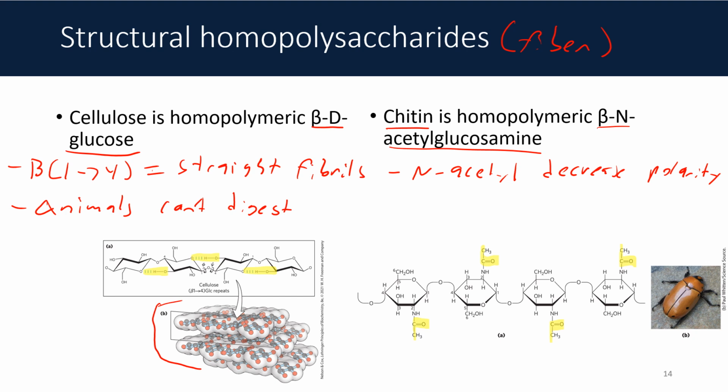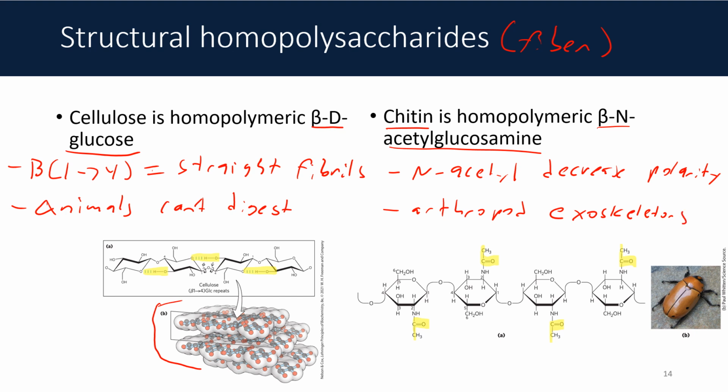Cellulose is going to be very hydrophilic. Chitin, though, is going to be the main component of arthropod exoskeletons. So I'm talking bugs and lobsters.